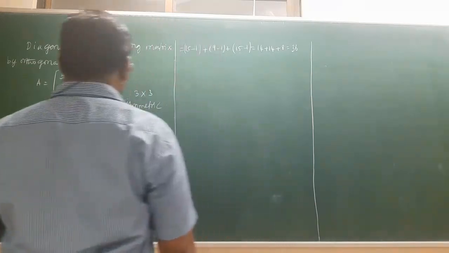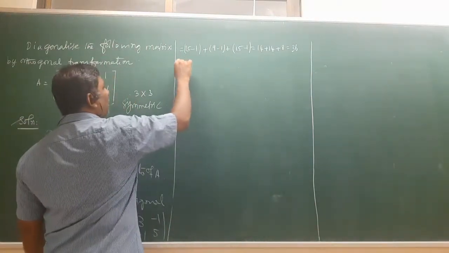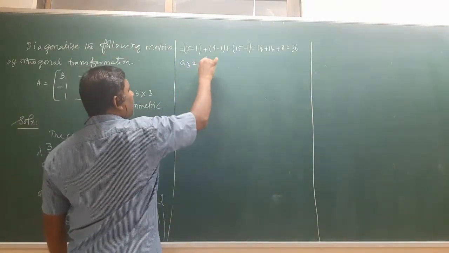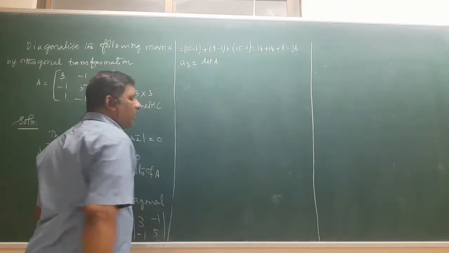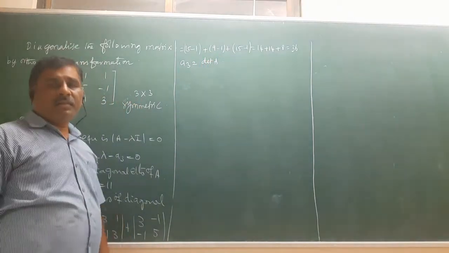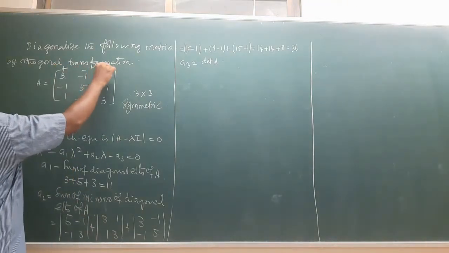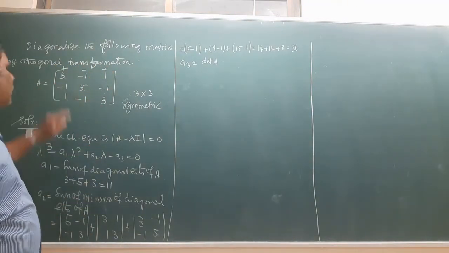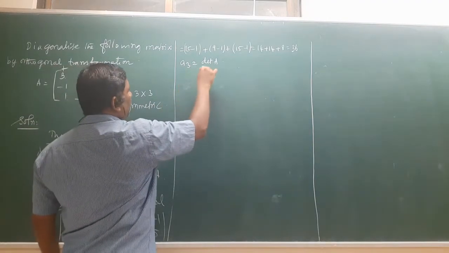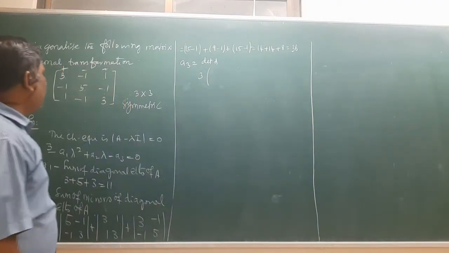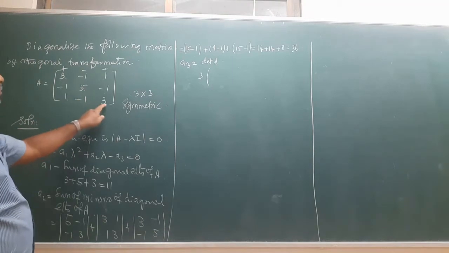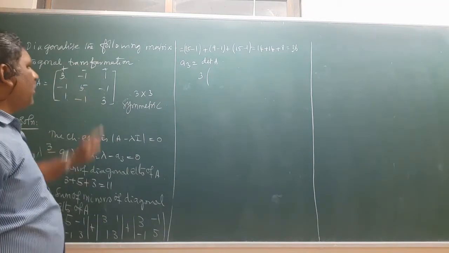Next one is a3. a3 is the determinant of A. How to find the determinant of A? You can put the signs plus, minus, plus here. So take the 3. Write the determinant of 5, -1, -1, 3: 15 minus 1.